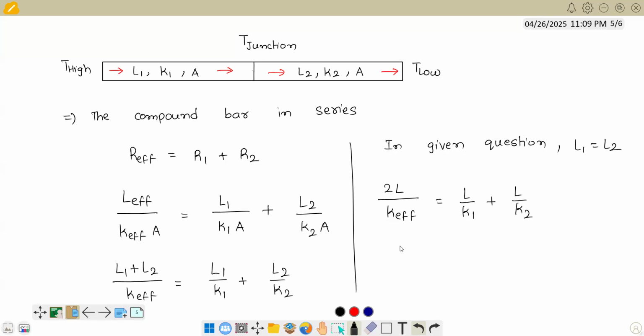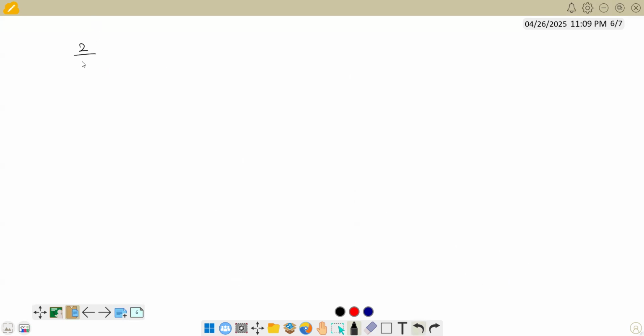If I cancel L on all the sides, 2 by K effective equals 1 by K1 plus 1 by K2. So from this, 2 by K effective equals K2 plus K1 divided by K1 K2. So finally, K effective would be 2 K1 K2 by K1 plus K2.